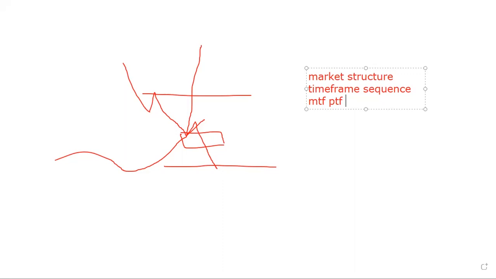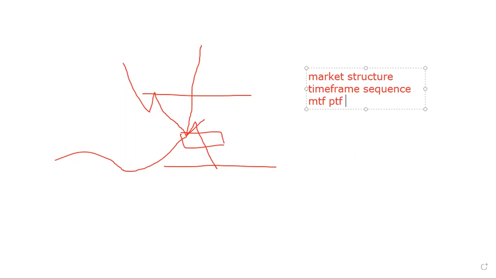Now, when it touches 2, 3, or 4 moving averages at the same time, that means it touches the 1 hour, 4 hour, weekly, and the monthly, then the highest time frame should be the main time frame.